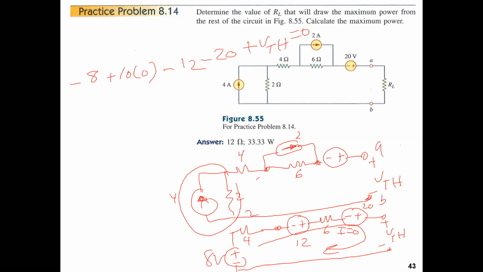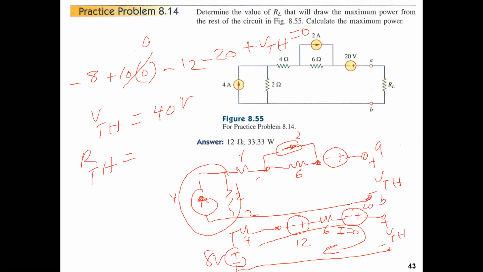Basically, all of them are minuses, so we have 30 volts. Sorry, we have 40. This is 0 again. So we have VTH equal to 40 volts. Now RTH, which is the main thing here, we already had this one.